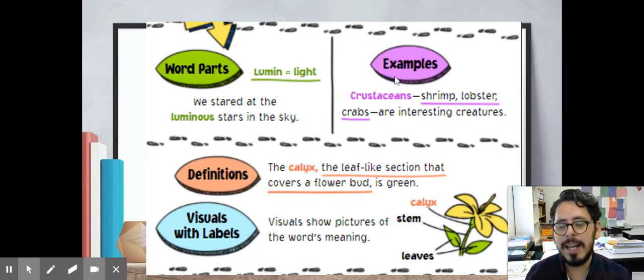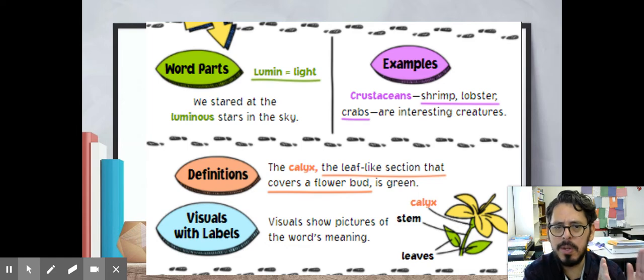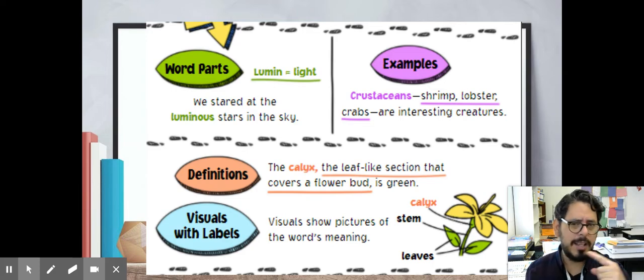And then examples, for example, crustaceans. Sometimes the authors give you examples right after the content area word, which might be complicated for you. They're showing you the examples there so you can kind of figure it out. Like crustaceans, shrimps, lobsters, and crabs are interesting creatures. Well, we now know that crustaceans are sea animals that have shells.